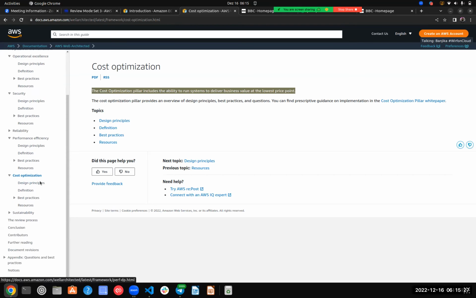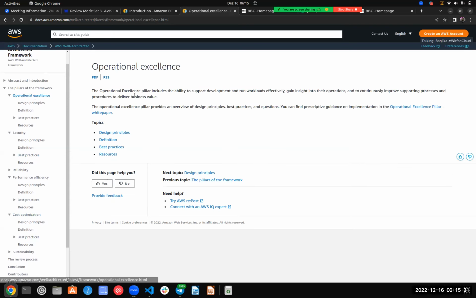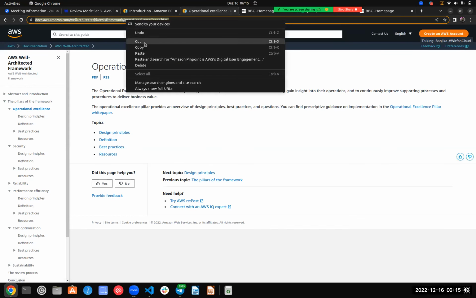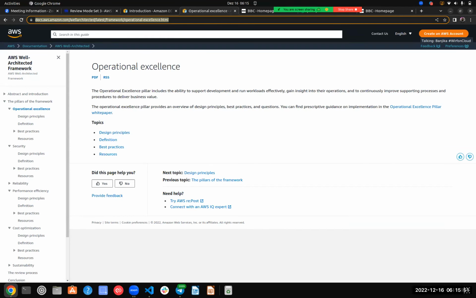Operational excellence, on the other hand, includes the ability to support development and run workloads effectively, gain insights into their operations, and to continuously improve supporting processes and procedures to deliver business value. So those are the key things you should go for in each pillar, and study them and make sure that you don't mix them. Just knowing the pillars is not enough, but knowing what they are is very important.